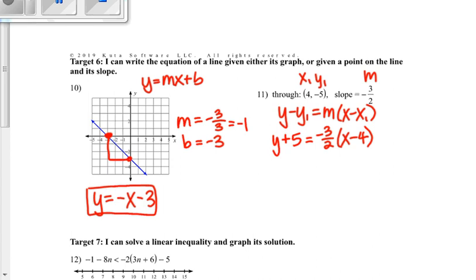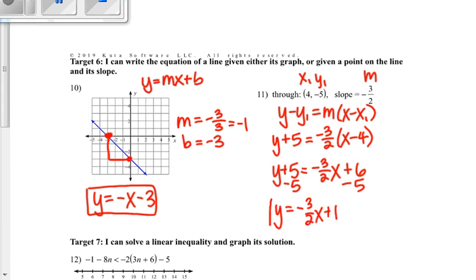And then if I wanted to put this in slope-intercept form, which let's go ahead and practice, I'm going to distribute the negative 3/2. So negative 3/2 times negative 4 would give me 6. Solving for y to get slope-intercept form, y equals negative 3/2 x plus 1. This, just for reference, is the point-slope form.